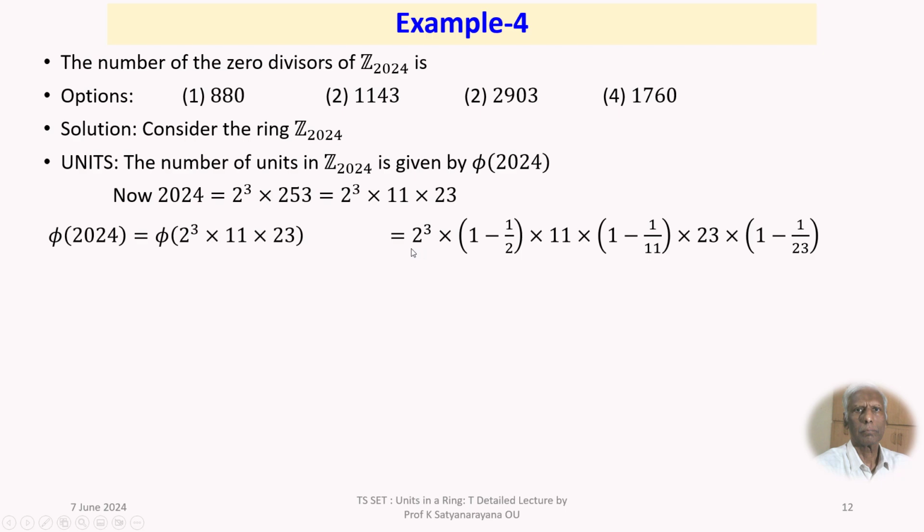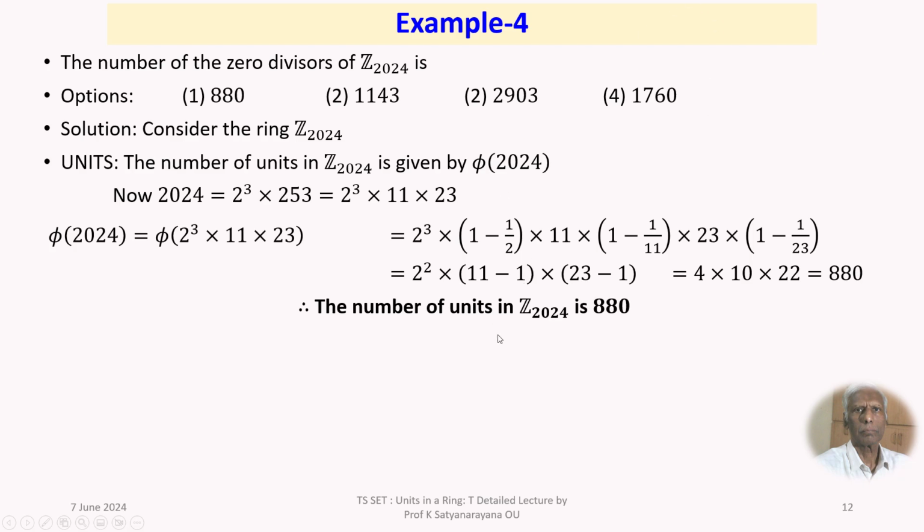That is equal to 2 cube into 1 minus 1 by 2, into 11 into 1 minus 1 by 11, into 23 into 1 minus 1 by 23. That's the formula. And simplify. You will get 2 square into 11 minus 1 into 23 minus 1. That is 4 into 10 into 22. That is 880 units. The number of units in Z 2024 is 880.